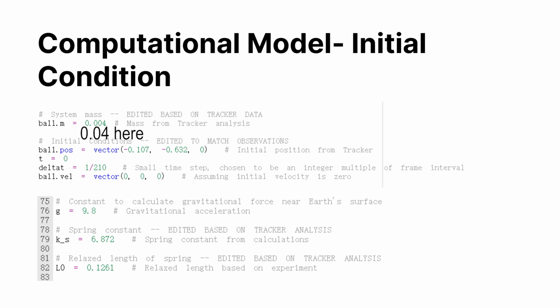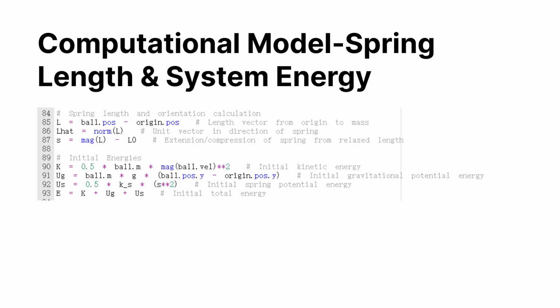We also assumed that the initial velocity was zero since the mass was initially at rest. This data is fundamental to setting up an accurate simulation in GlowScript, as small inaccuracies in initial conditions can lead to significant differences in the predicted motion.